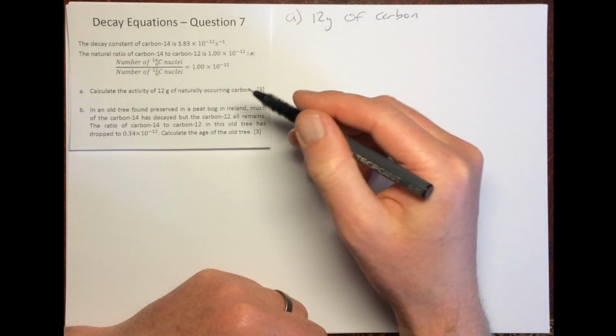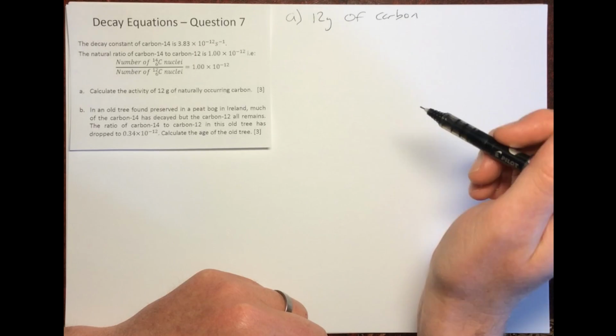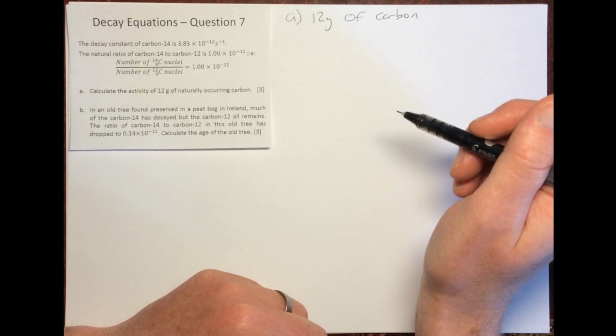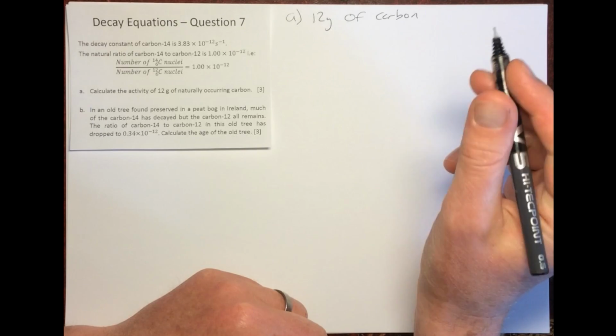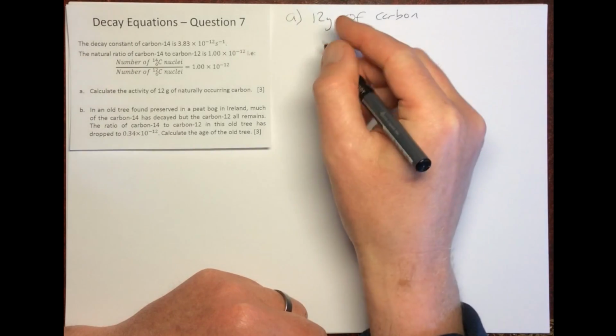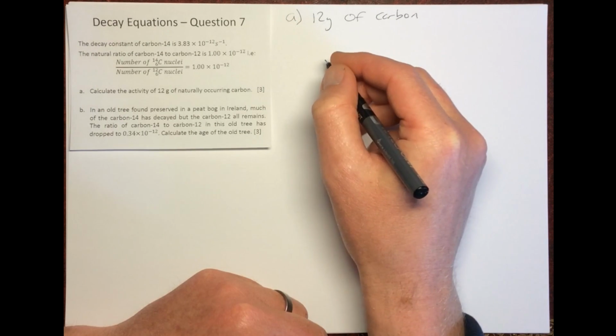The first thing we need to do is calculate the activity of 12 grams of naturally occurring carbon. In order to do that, we first need to work out the number of atoms in this sample. As I said, we're going to ignore the carbon 14 because it's such a tiny proportion of the mass.